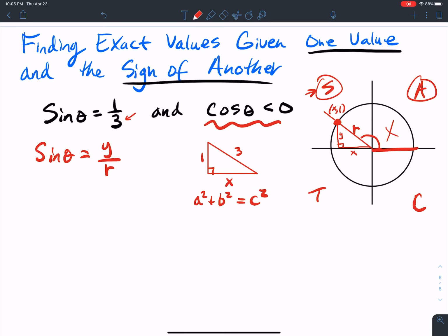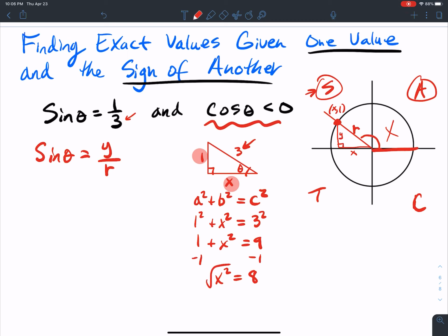So 1 squared plus x squared, those are my 2 legs right there, equals c squared. That's the 3 there. So 1 plus x squared equals 9. So minus 1 from both sides, I get x squared equals 8.